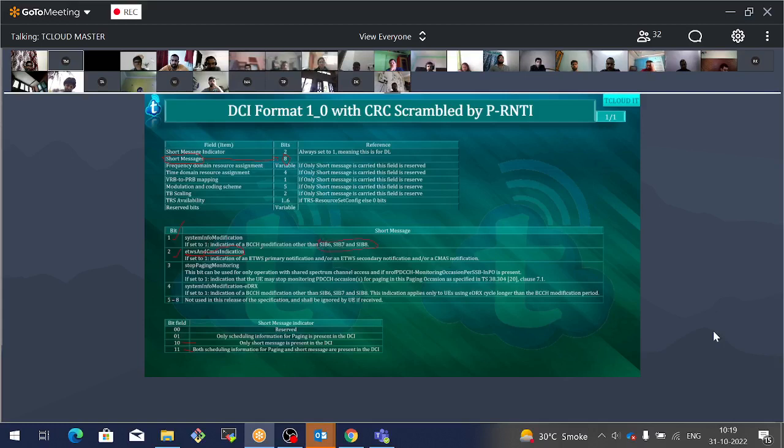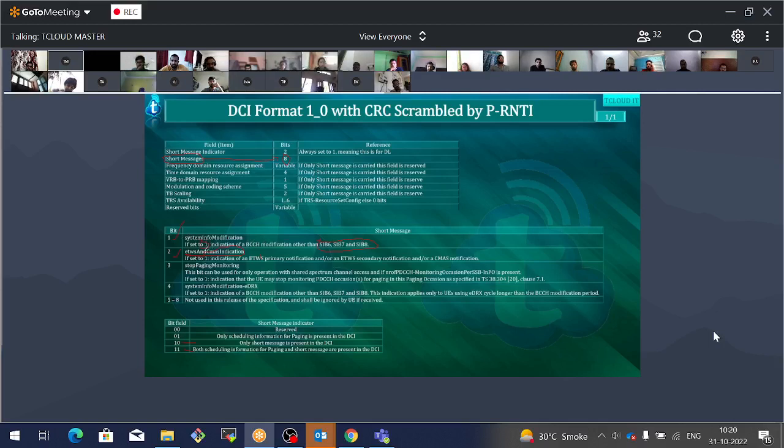If these three SIBs are modified, I will explain later what they are, the second bit will be set to 1. Mobile equipment will need to download that ETWS or CMAS related system information. But if any SIBs other than SIB 6, 7, 8 have been modified, the first bit would be set to 1.